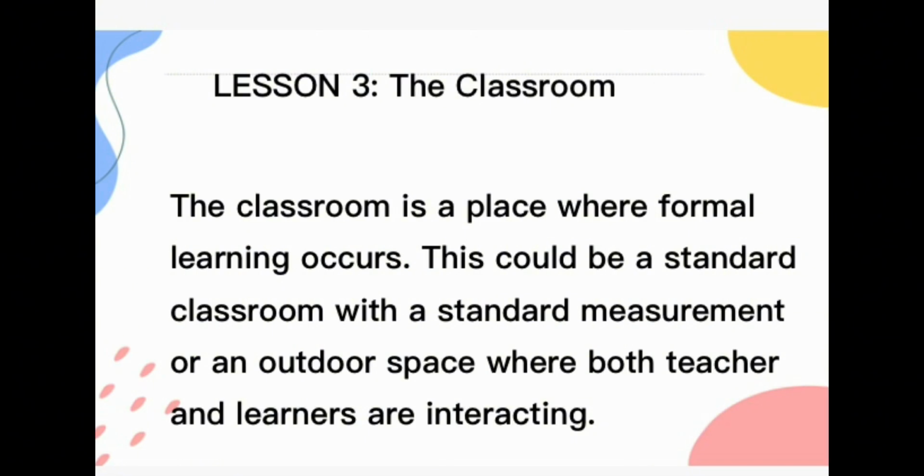It is where knowledge is shared, skills are developed, and growth occurs. The classroom provides structure, resources, and opportunities for exploration and discovery. Ultimately, the learner's experience in the classroom shapes their learning journey and contributes to their overall development.